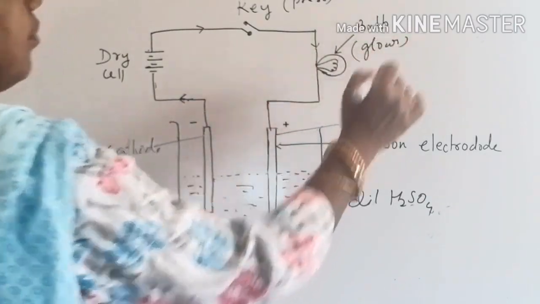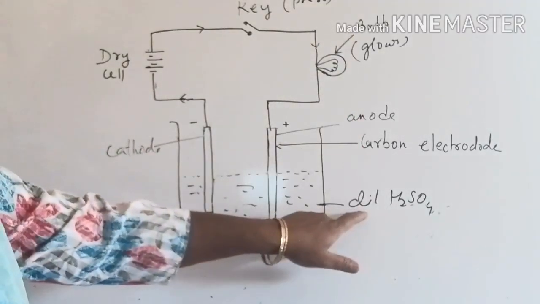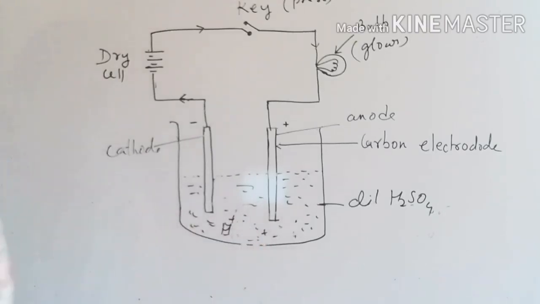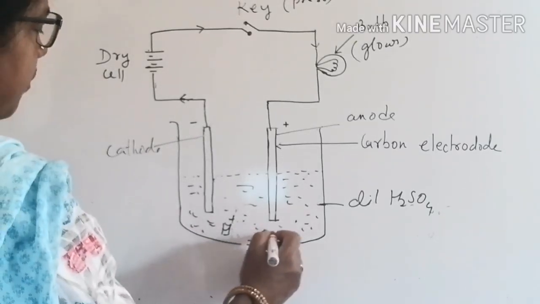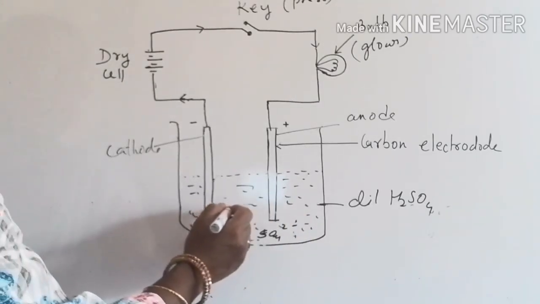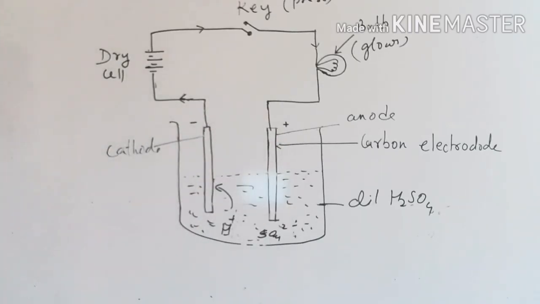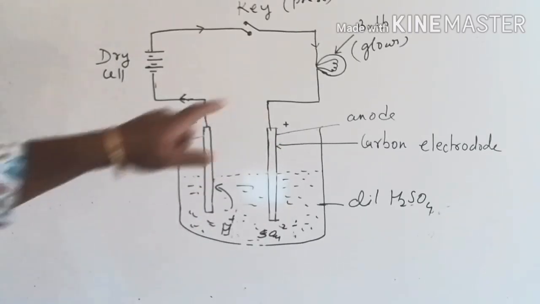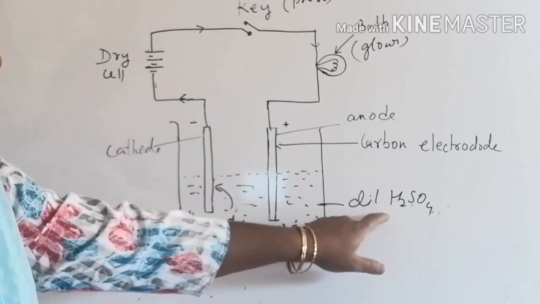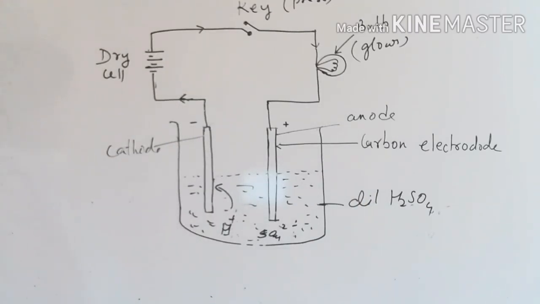As the bulb glows, it shows that the sulfuric acid dissociates in the water, or in aqueous solution, to produce H plus and SO4 2 minus ions. And these H plus ions move toward the cathode, and hence the circuit is complete and responsible for the bulb to glow. That means sulfuric acid dissociates to produce H plus ion in the solution.